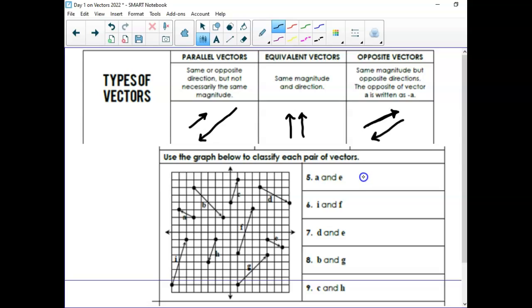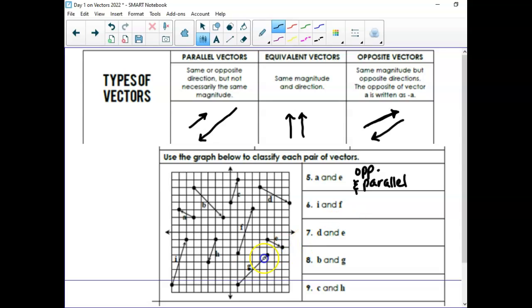Same or opposite direction, but not necessarily the same magnitude. I think they're also parallel, but I feel like opposite is a better word, more specific.